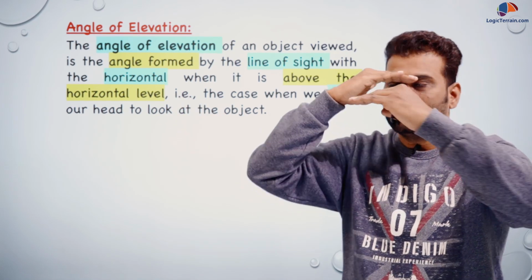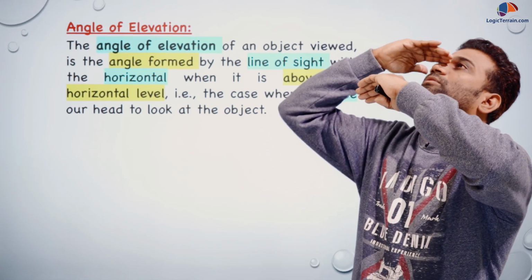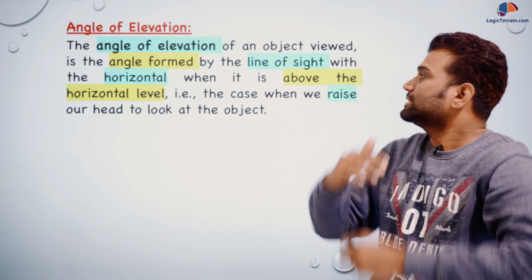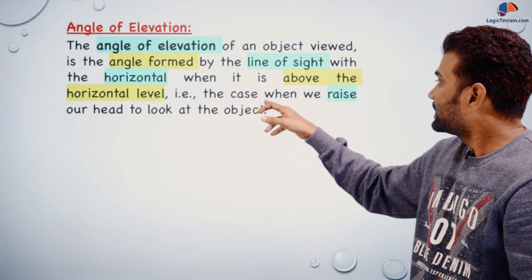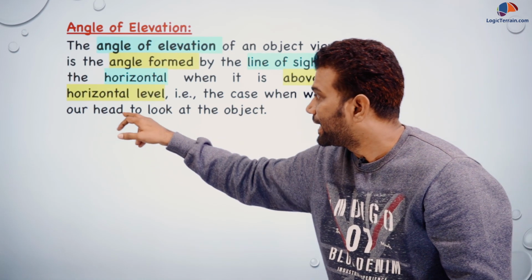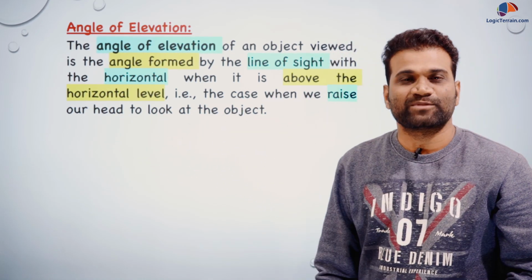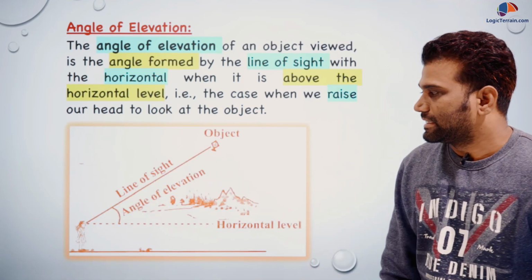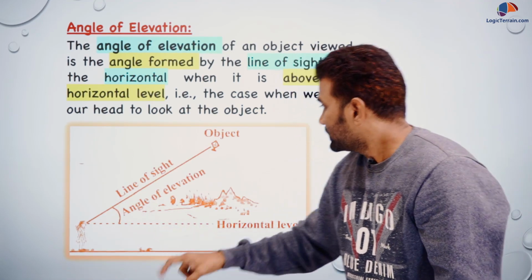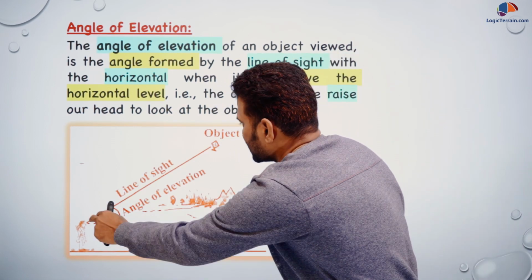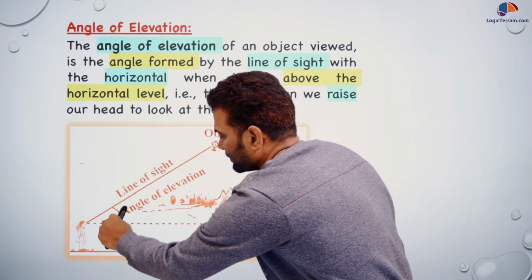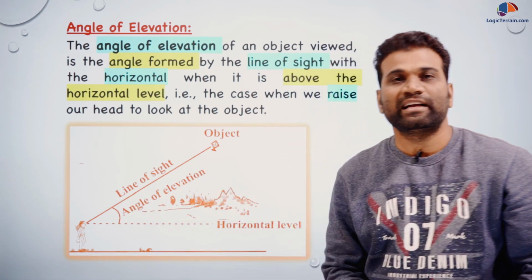This is the horizontal line, and that is the object. If you head up, this angle is the angle of elevation. That is the case when we raise our head to look at the object. We can visualize it like this. This is you, this is the object, and this is the horizontal line. Between this horizontal line and this line of sight, whatever angle is there is called the angle of elevation.